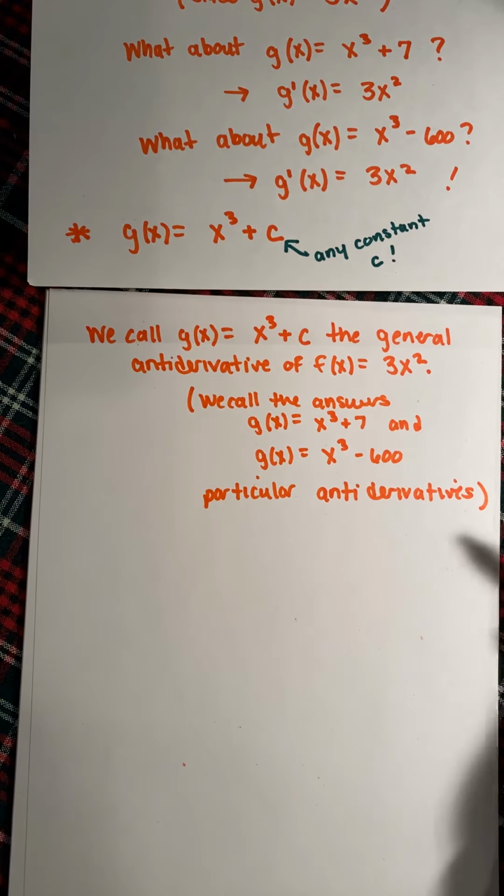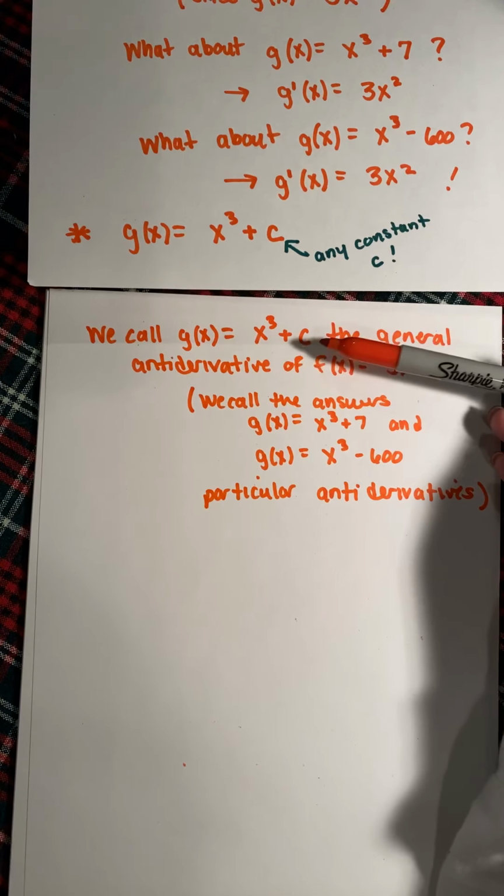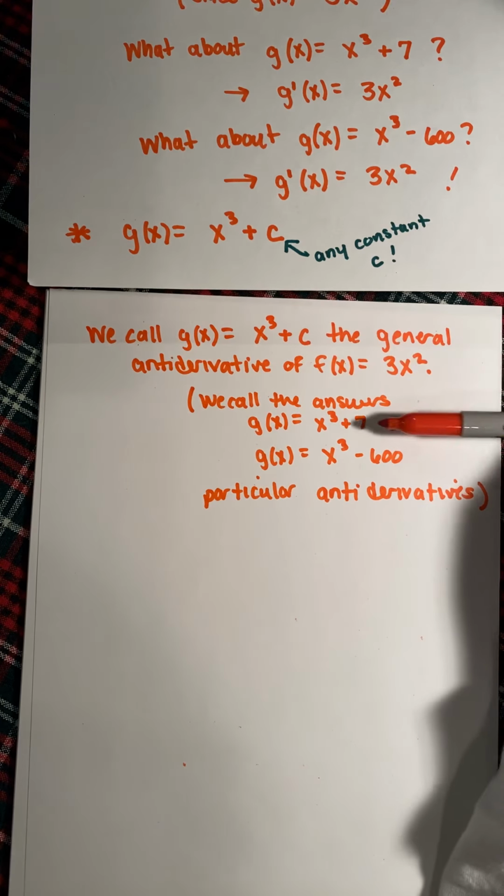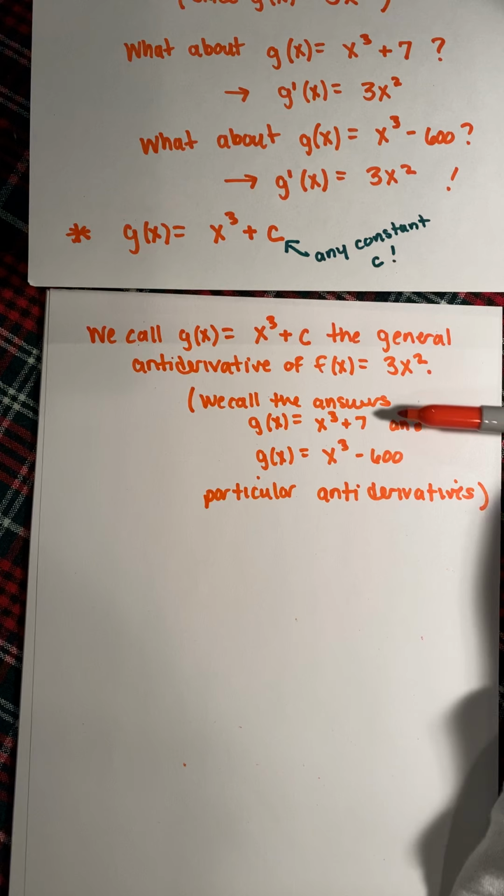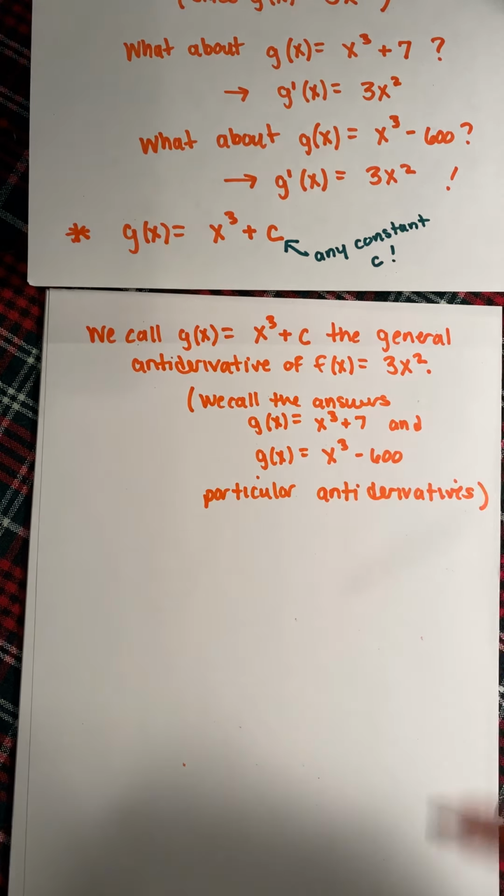A particular antiderivative is a specific case of the general antiderivative, and c can actually be anything unless they provide you with further information that helps us find that value of c.